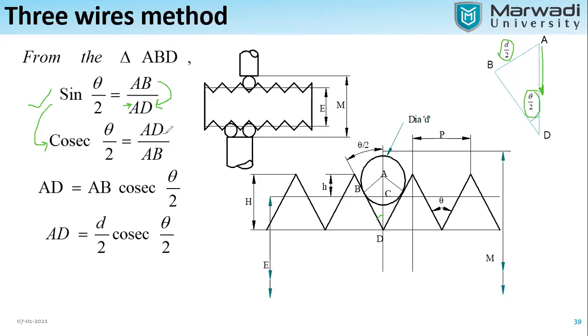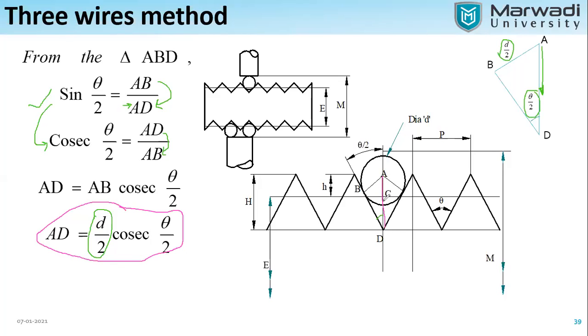So AD upon AB is cosec theta by 2, so AD is equal to AB into cosec theta by 2. And AB that we know is d by 2. So what is the final answer for AD? It will be d by 2 cosec theta by 2. Okay, so we got the answer of AD.